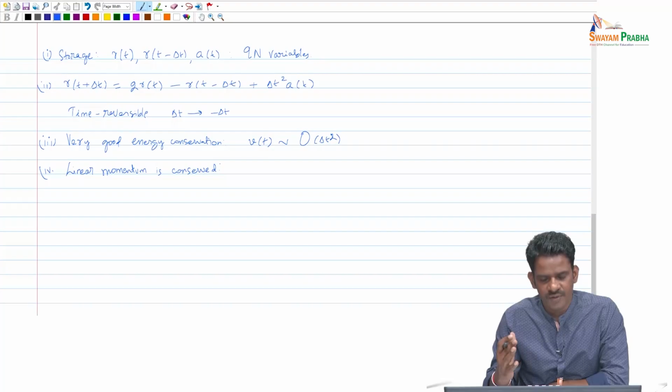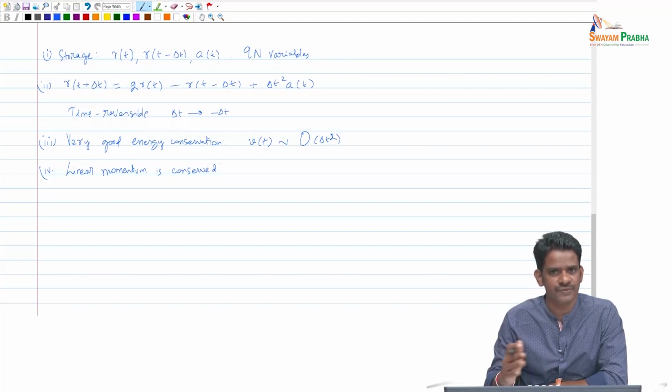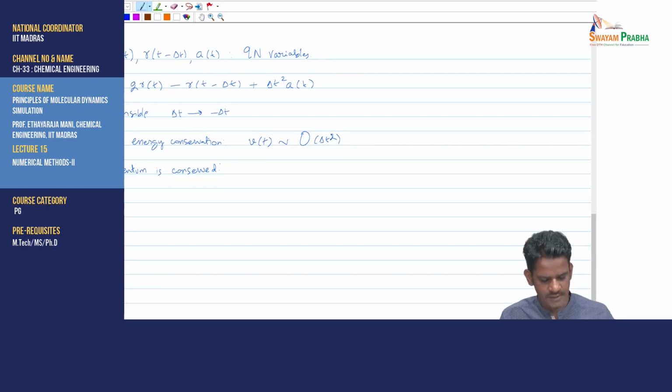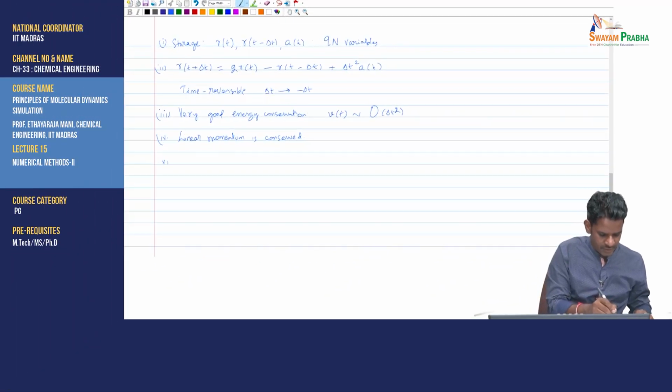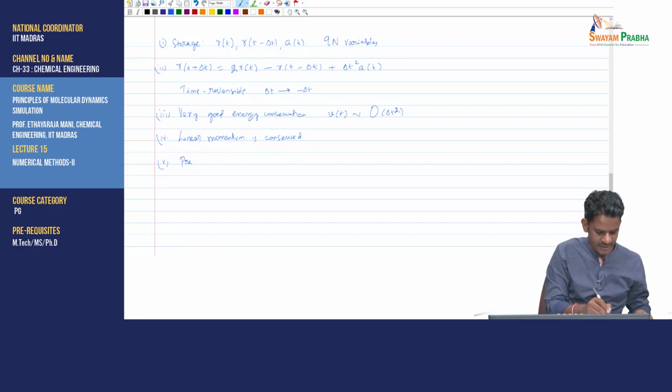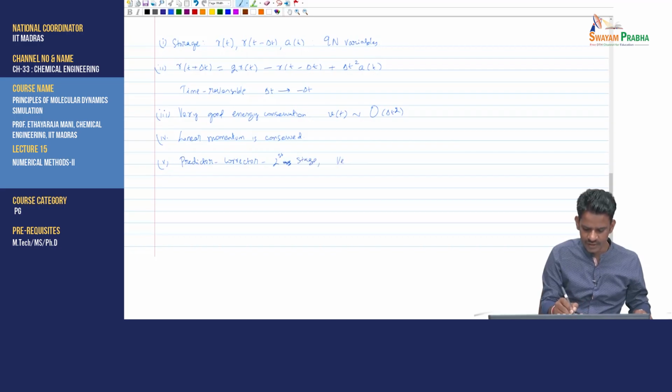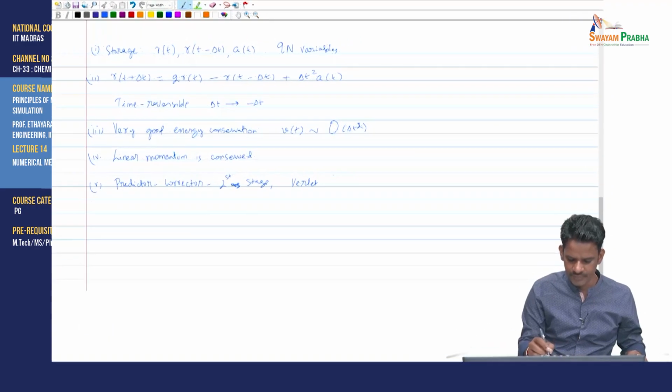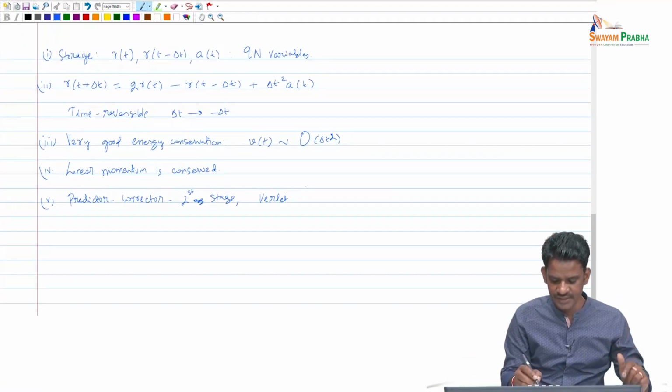As we noted already, for periodic box, the angular momentum anyway is not conserved for any algorithm, that is understood. And the other important thing is, unlike the predictor corrector method, which involves 2 stage, the Verlet algorithm updates the position in single step.